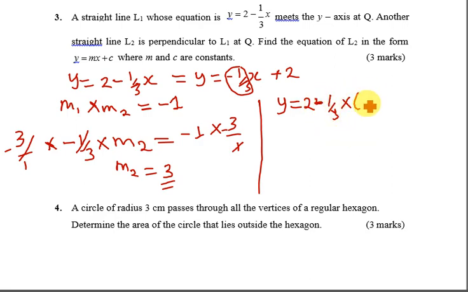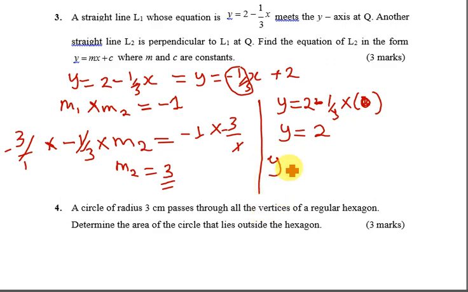Remember, in our case, our value of x is 0, so this becomes 0. So you have y equals 2. So we have the value of y and the gradient. What we don't have now is the value of c, the constant of this equation.